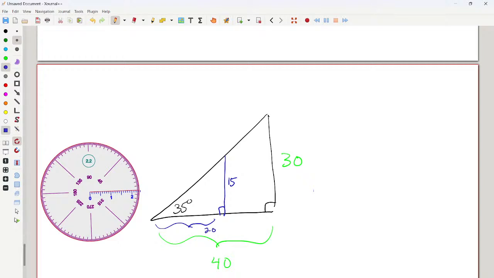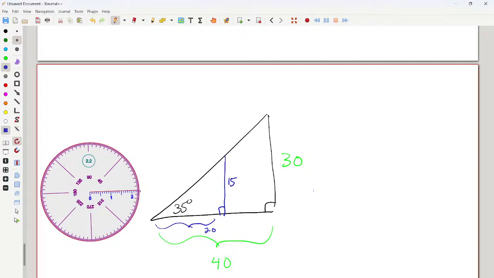And those proportions that Mike brought up would be the same. What proportions am I talking about? The side opposite 35 was originally 30. The side adjacent, not the hypotenuse, was 40. That ratio, opposite over adjacent, is 30 over 40.